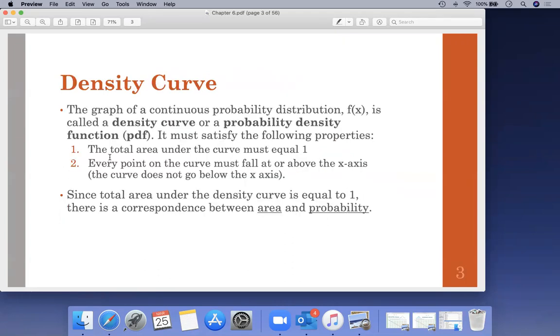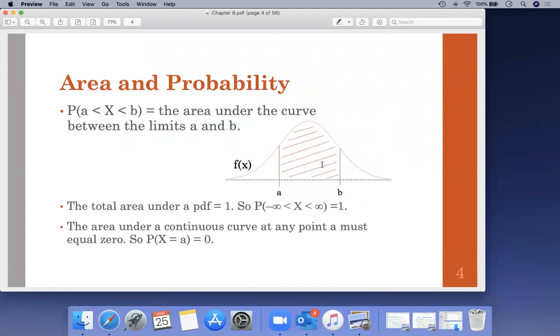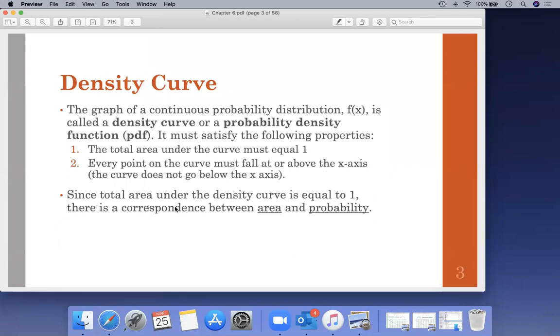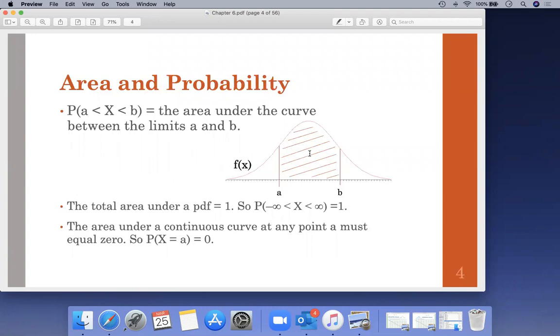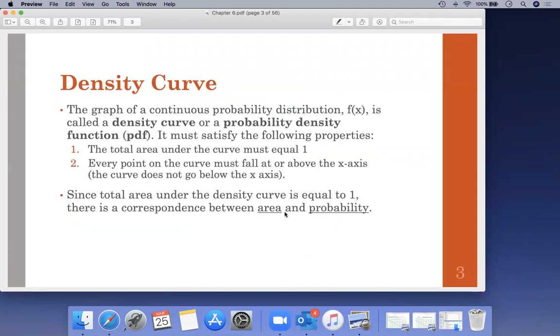We have two requirements. Next, we know the total area under the density curve equals 1. Actually, there is a correspondence between area and probability, because if it's a continuous random variable, we have area, and if you get the total area, it should be 1. But if you have a discrete random variable, we know if you add all the probability values, it should be 1.